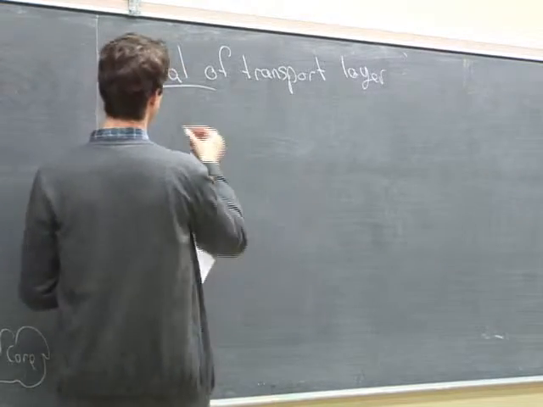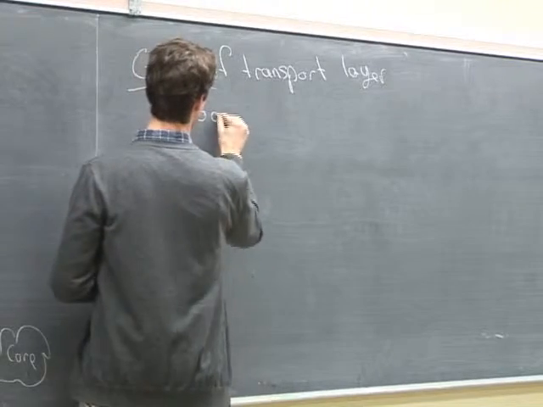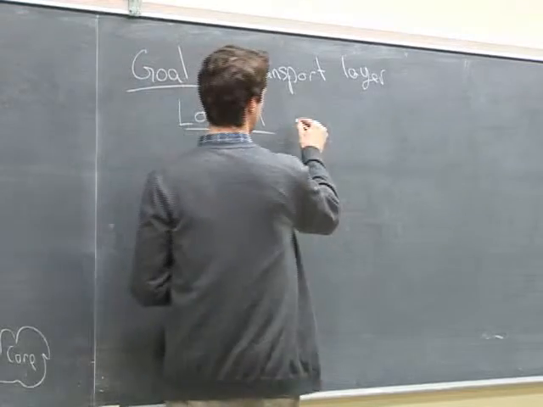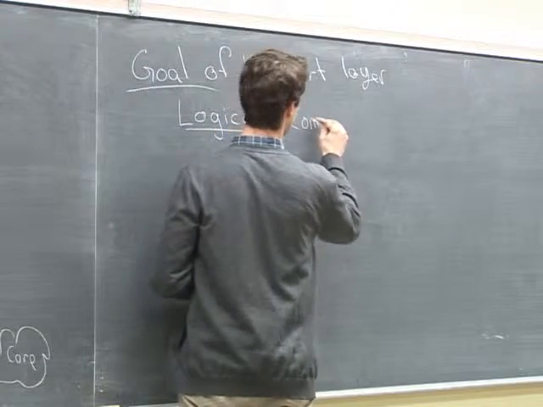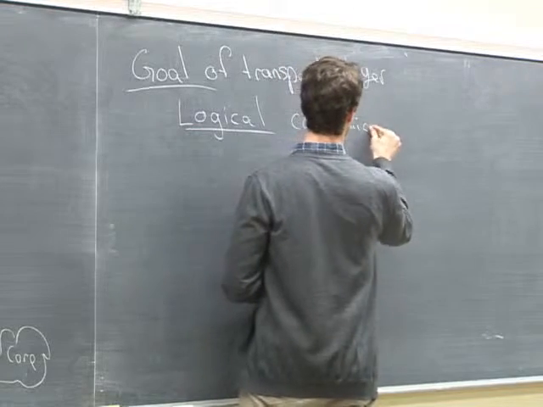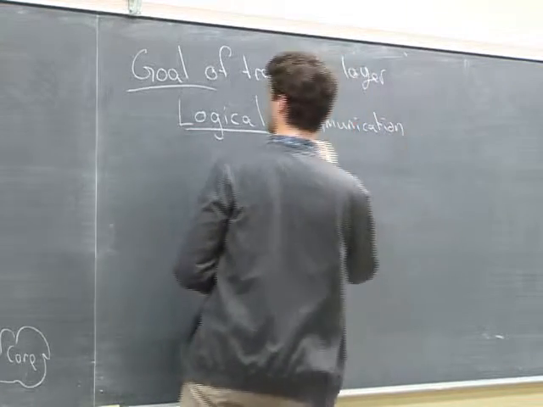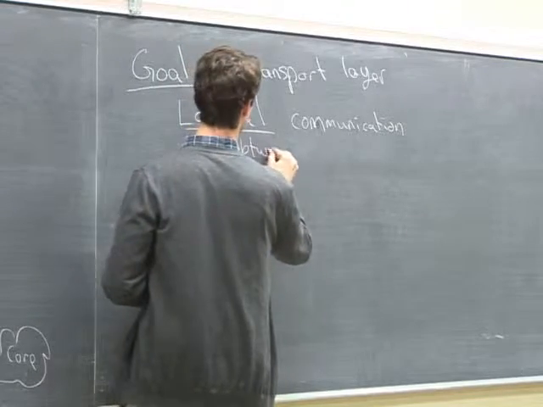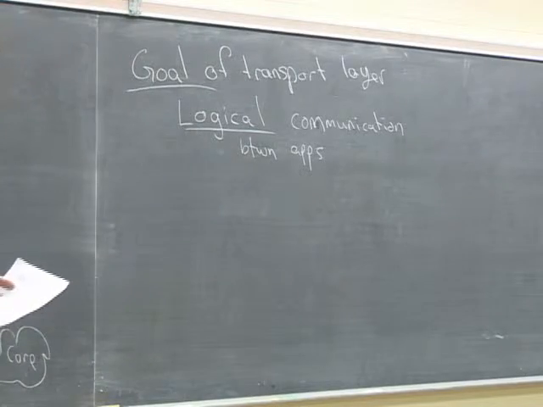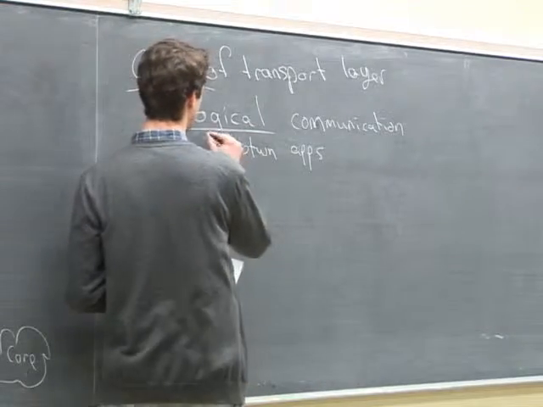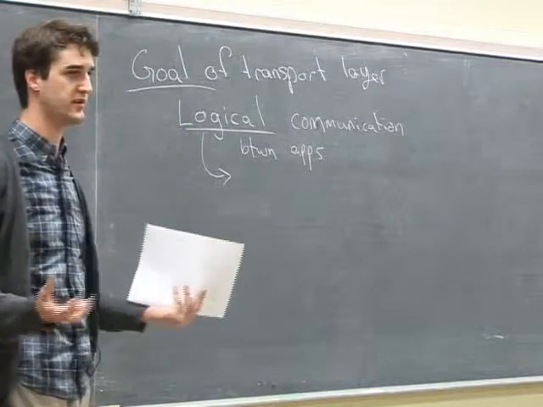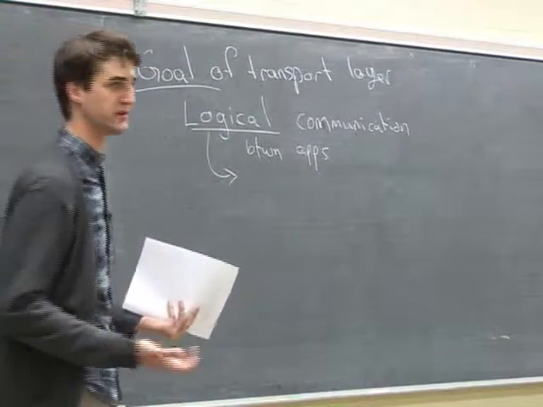So the way I'm going to phrase this is that it provides logical, which I'll define in just a minute, logical communication between applications. So what do I mean by logical? By logical, I mean that the applications actually think that they're directly connected to each other.